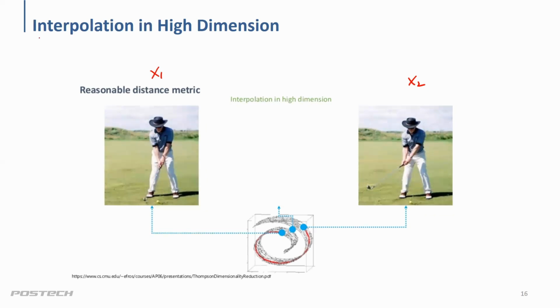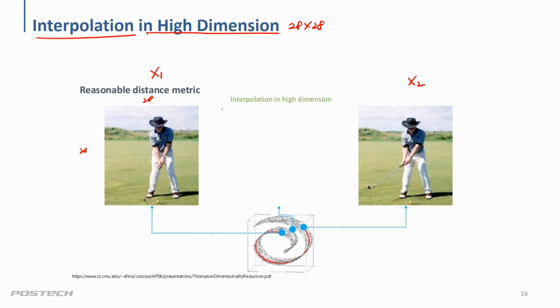I'm trying to interpolate in higher dimensions, or the original dimensions. Here, say this is 28 by 28, the image, whatever. Then each pixel has an individual value, right?